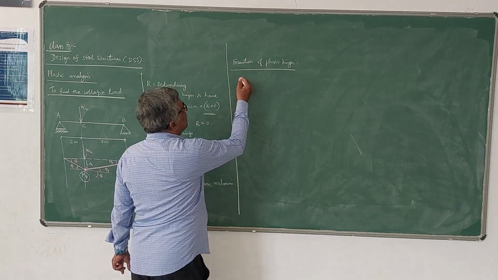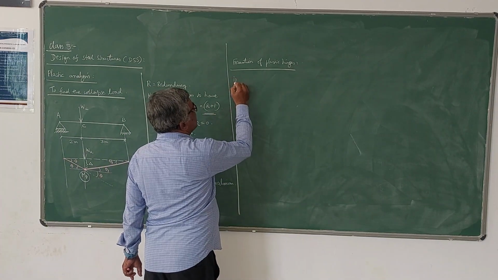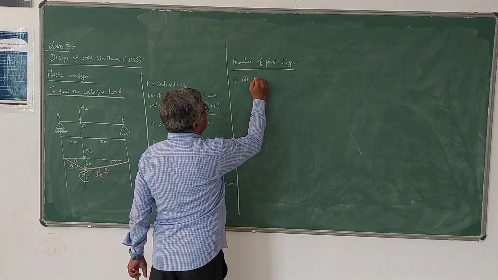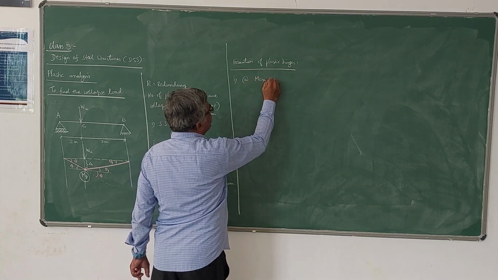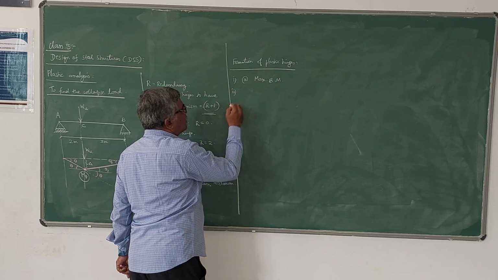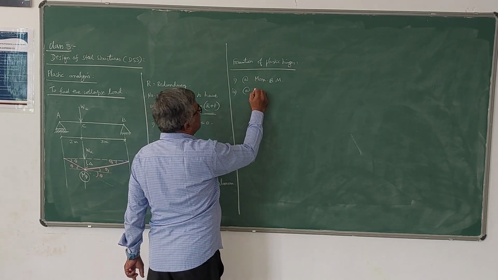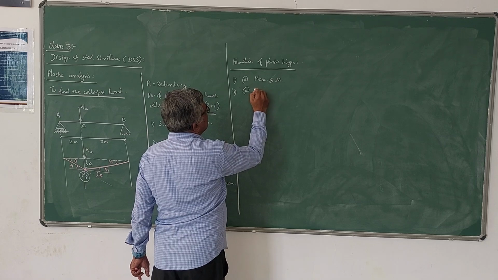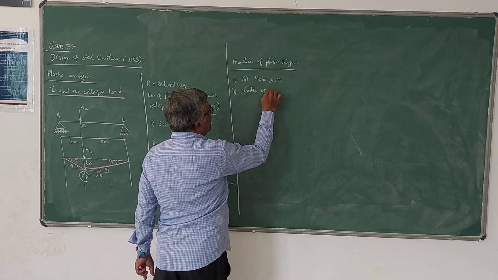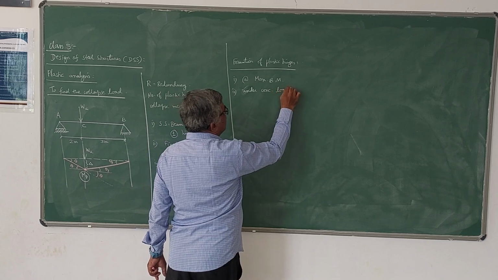A plastic hinge may form at the point of maximum bending, and at the point where a concentrated load acts. So under a concentrated load or point load, it can form.